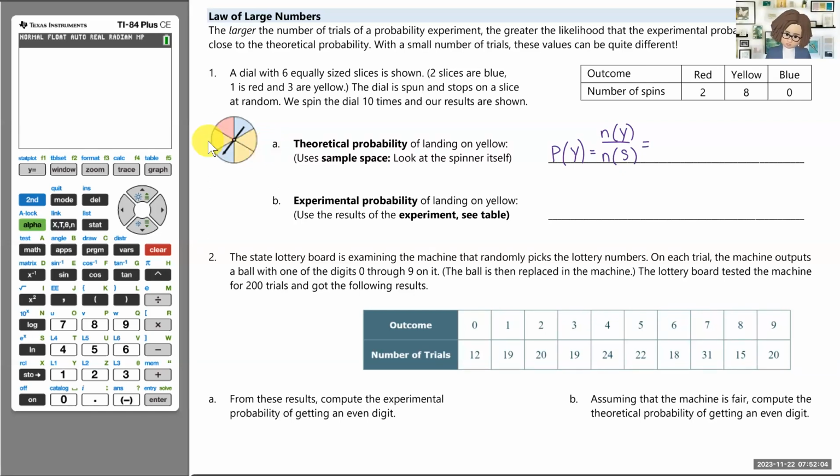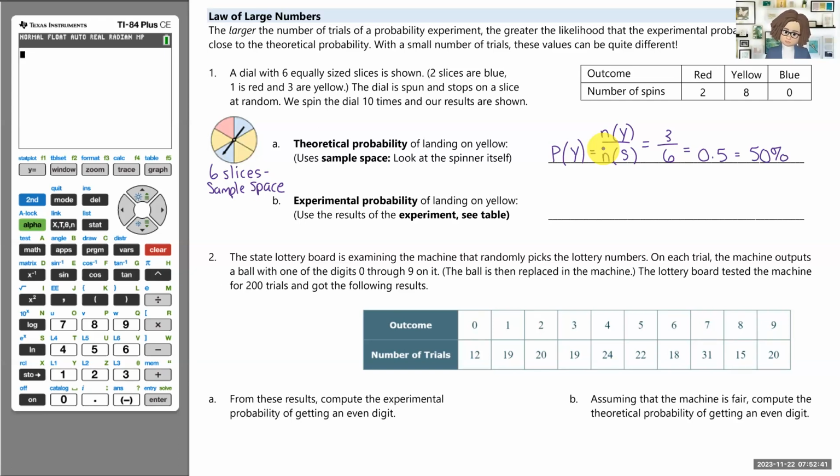So over here on the spinner, since we're looking at the spinner, we have 6 slices possible. So those make up your sample space. So that's going to be our denominator. And out of those 6 slices, 3 of them are yellow. So in theory, the probability of yellow, 3 out of 6. And I'm going to go ahead and write that in decimal, 0.5, and I'll switch that to a percent, 50%. So there's a 50% chance in theory of landing on yellow.